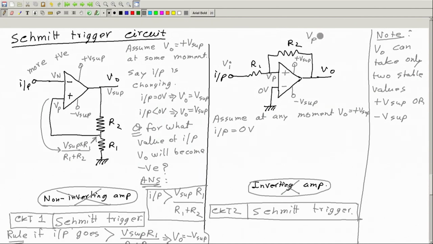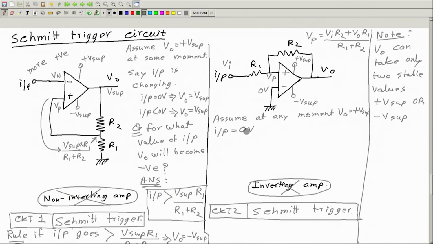V P is equal to (V I R 2 plus V O R 1) divided by R 1 plus R 2, a weighted average of V I and V O. This is V P.